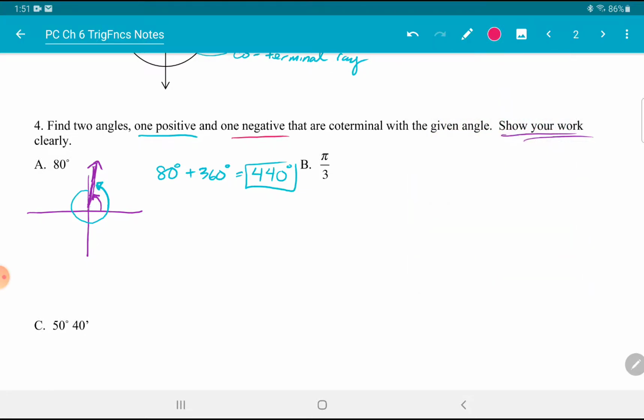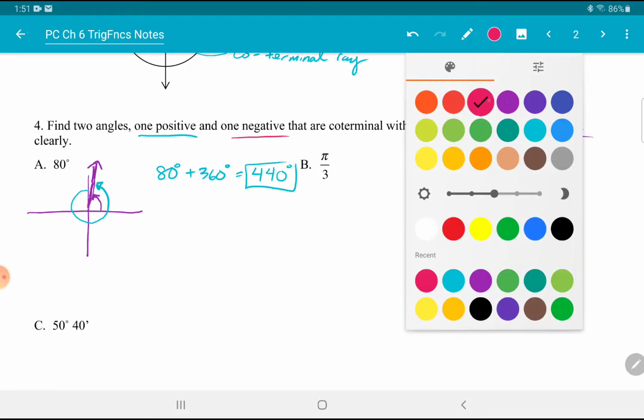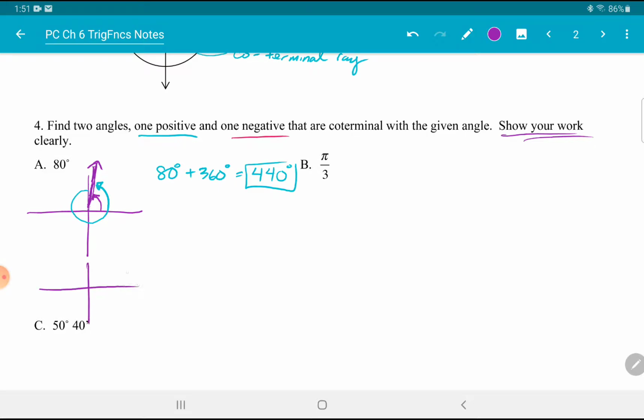Now, looking the other way around, let me just draw it again. Here's 80 degrees, okay? Now if we want the negative coterminal angle, then instead of going counterclockwise, adding degrees, we're going to put ourselves in reverse and go the other way around. So you'll notice that my arrow is going clockwise now.